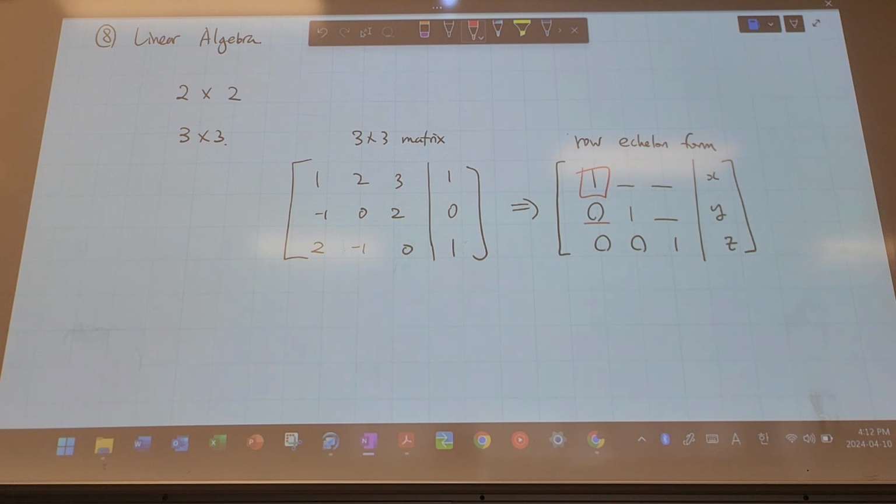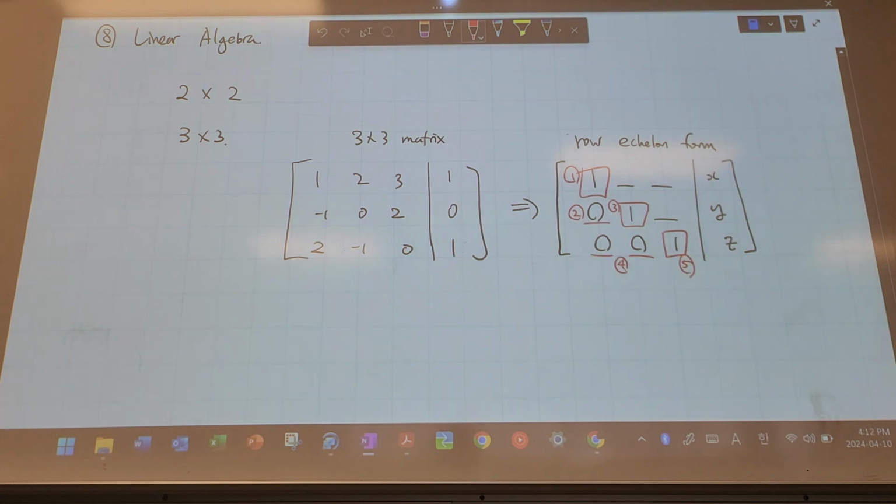Then you do the same thing, divide by the coefficient to fix it to be 1, and get rid of the other ones as well.